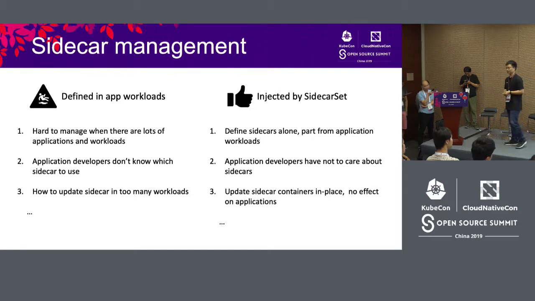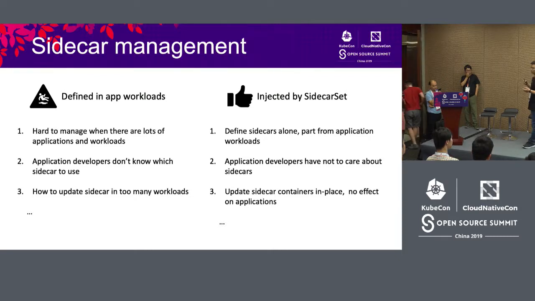Application developers do not have to care about the sidecars. All the sidecar components are defined within the sidecar sets, and we have dedicated sidecar maintenance teams to do the maintenance.